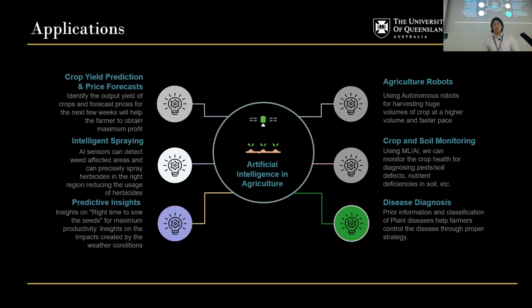Here I will just give you an idea of AI in agriculture by listing several applications. For example, crop yield prediction, price forecasts, intelligent spraying, and predictive insights, for example, when is the best time to sow the seeds to get the maximum productivity? We can also have agricultural robots, crop and soil monitoring, and disease diagnosis.